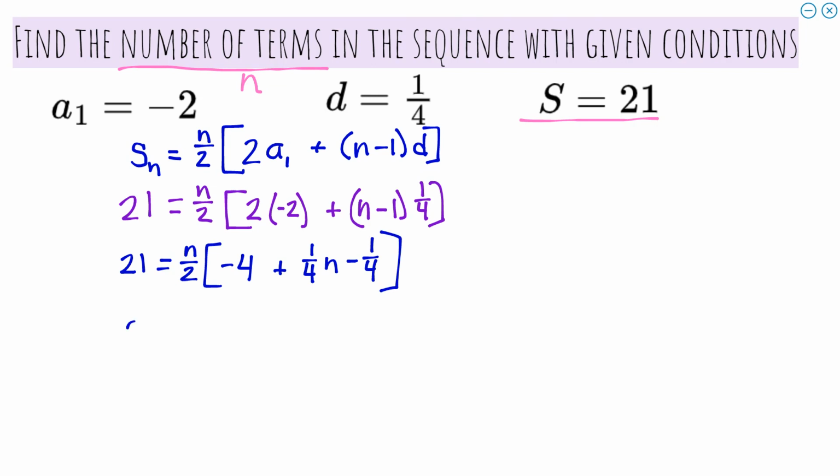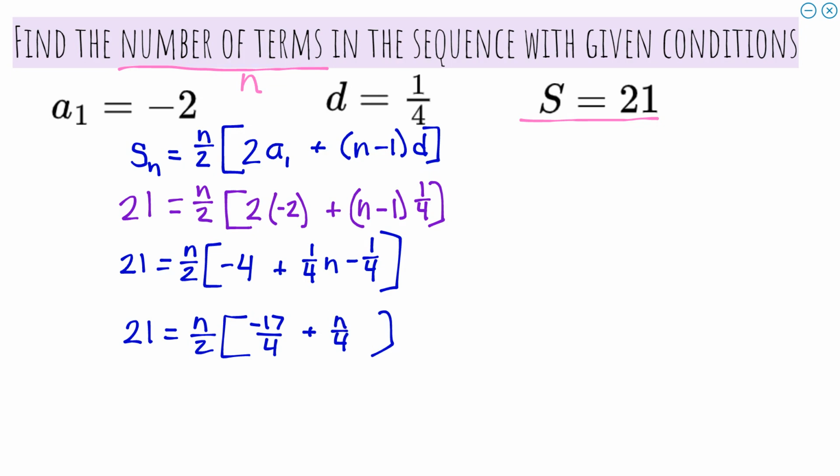And again, I can simplify here. n over 2, -4 minus 1/4. That's going to be minus 17/4 plus 1/4 n. Or you can put it as n over 4. In fact, I think I am going to switch that to be n over 4 just so that we're keeping everything really similar.